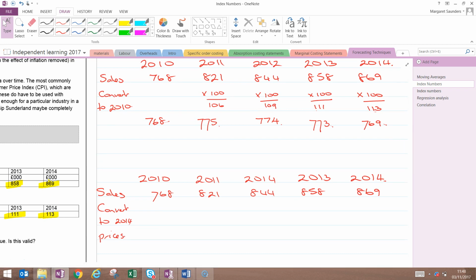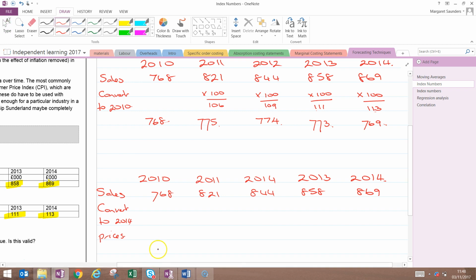So using the same method as we've used previously, we multiply by the index of the year that we're converting to, and we divide by the index of the year that we're actually looking at.